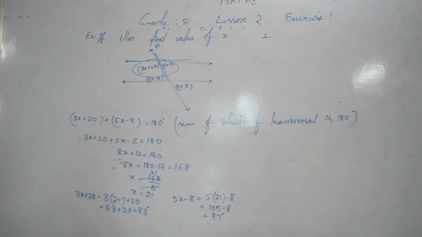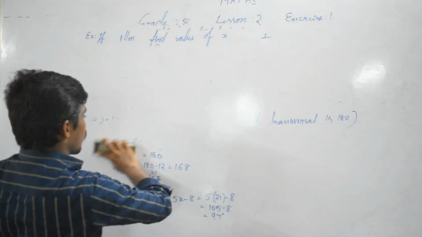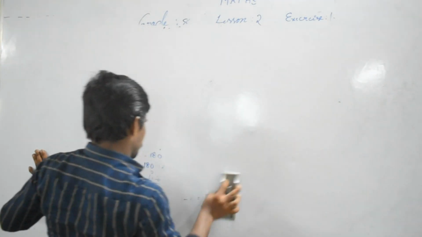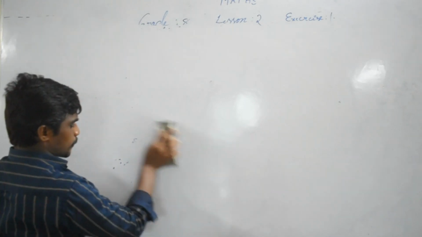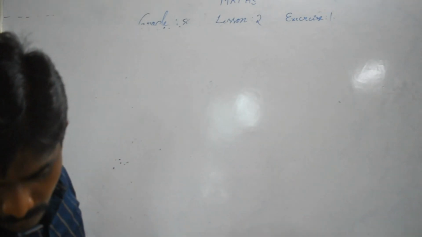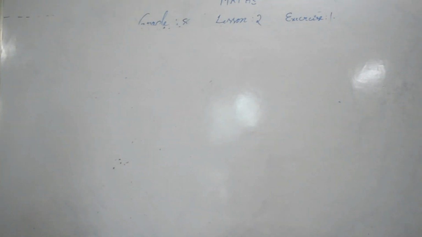Next one. Example problem 2, we are discussing now. The sum of two numbers is 29.